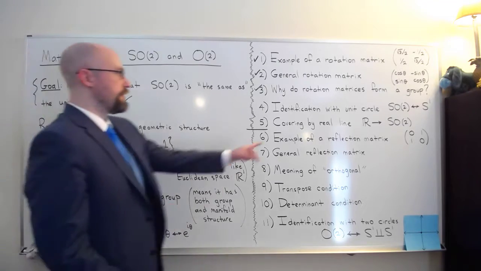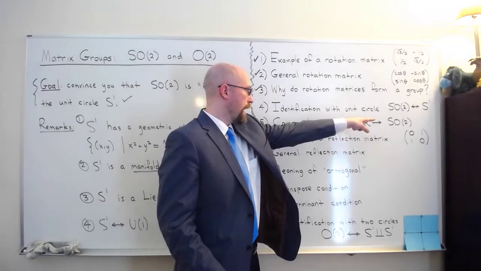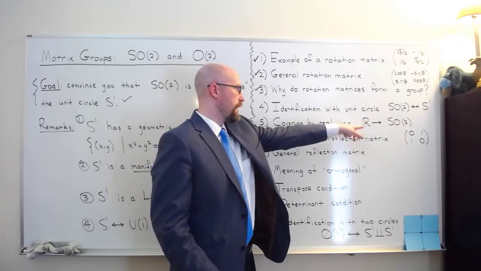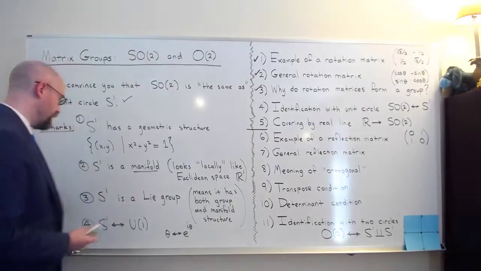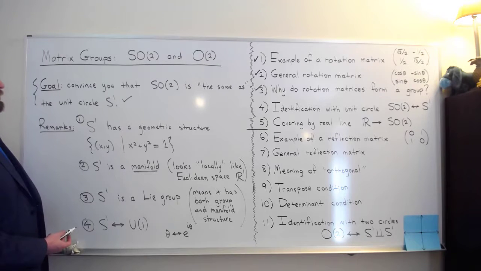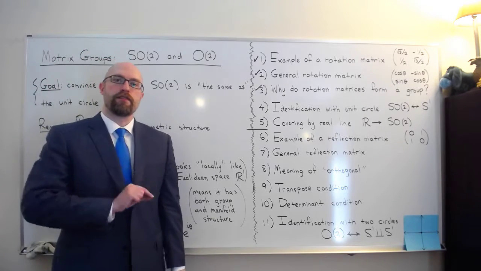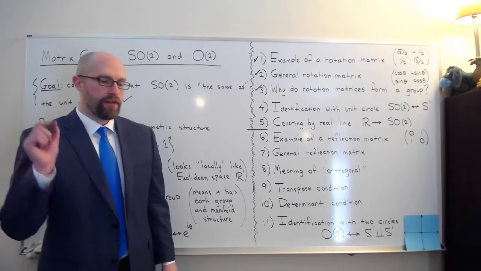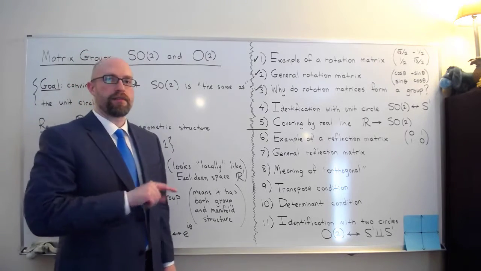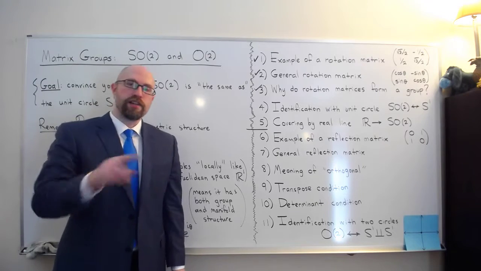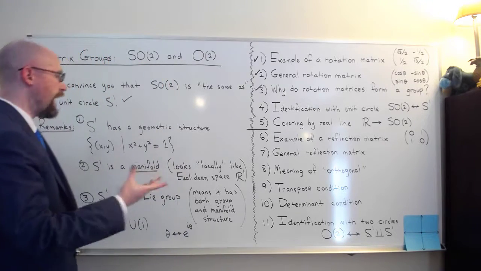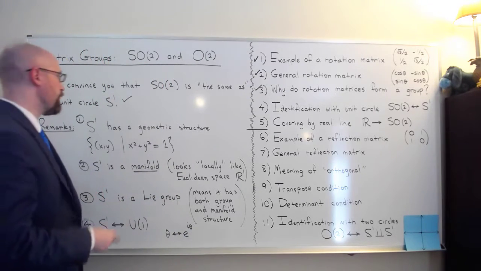The idea of covering SO2, the circle group, you can think of it as by the real line, whatever that means. But in this video, I just wanted to show you, if you're given a point on the circle, you can get a rotation matrix. If you're given a rotation matrix, you can get a point on the circle, and the two operations are inverses of each other. You'll get back to where you started, going either way.